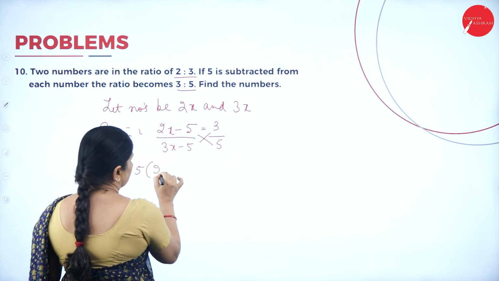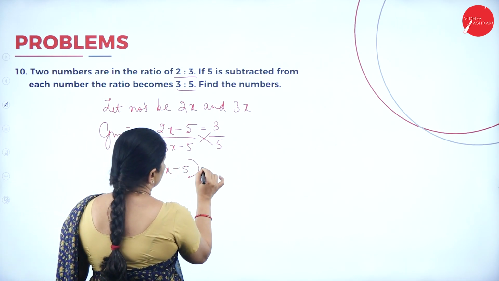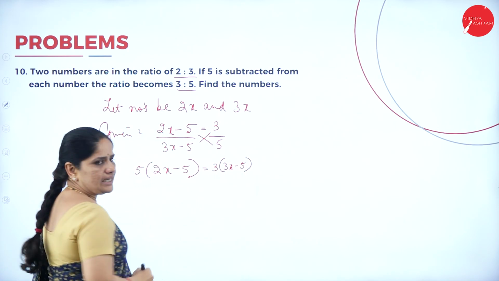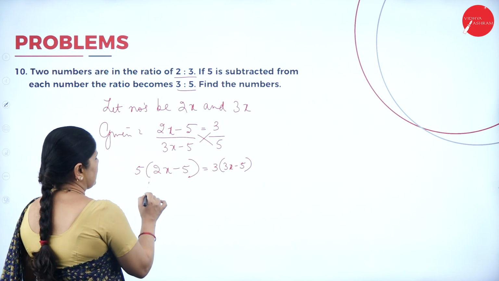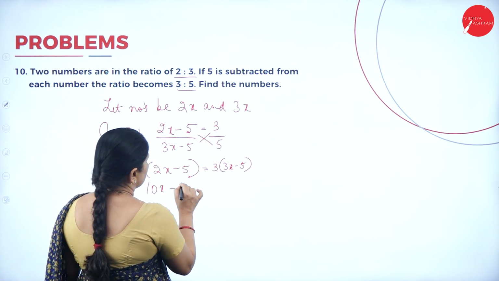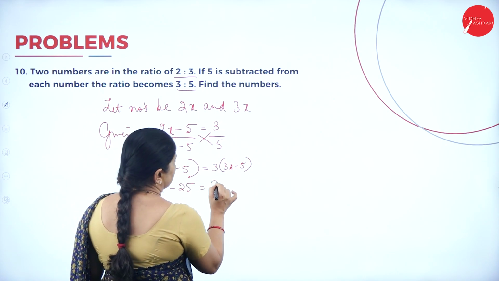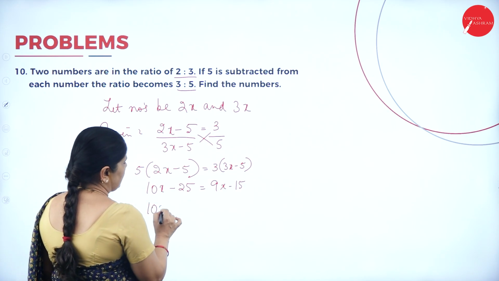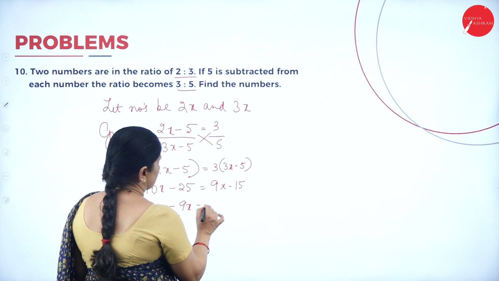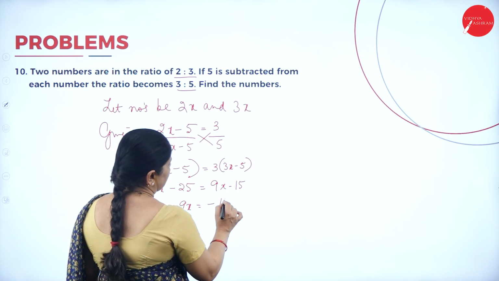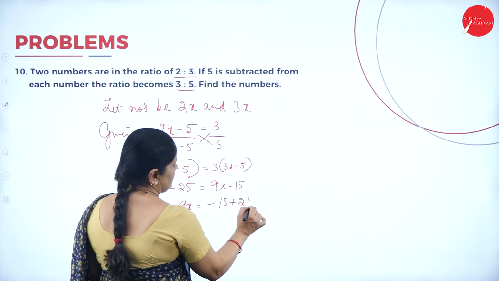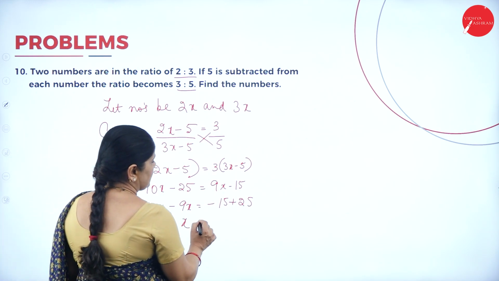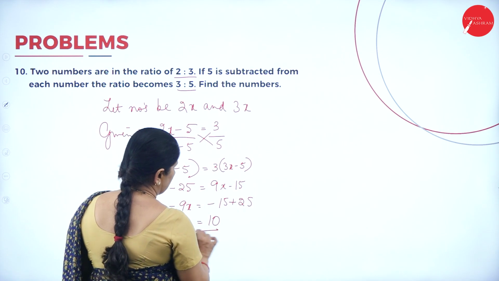So, 5 into 2x minus 5 equals 3 into 3x minus 5. So, 5 2s are 10x minus 25 equals 9x minus 15. So, 10x minus 9x will be equal to minus 15 plus 25. So, x equals 10 is the answer.